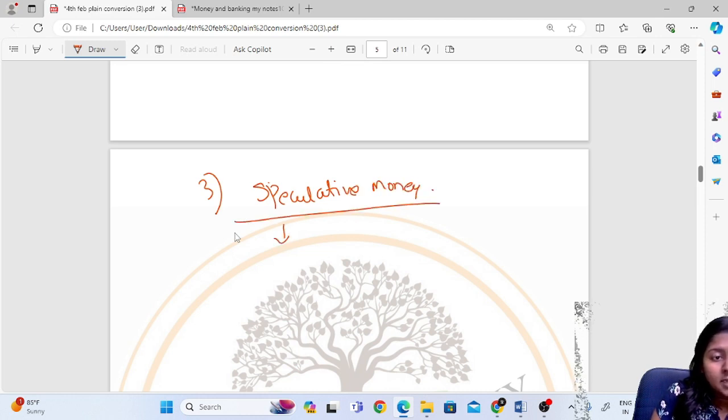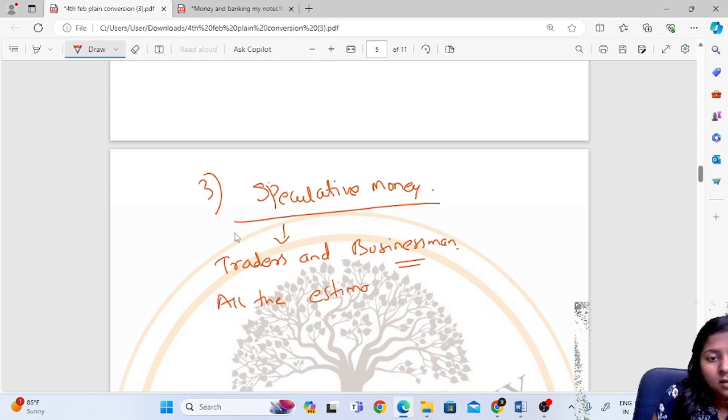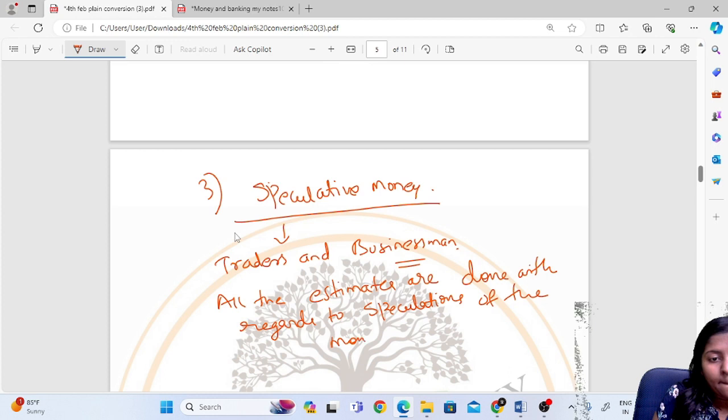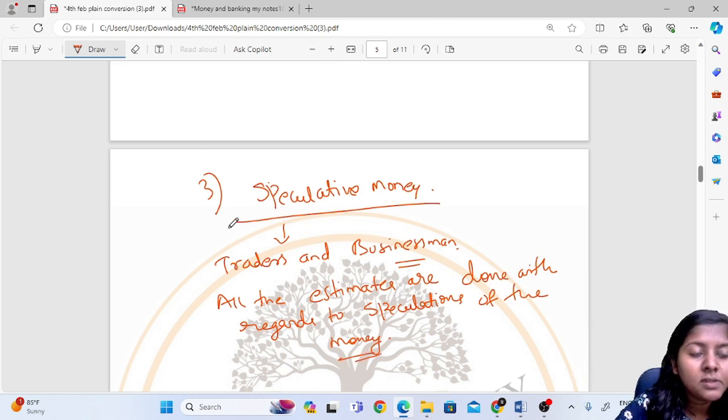Speculative money is basically for traders and businessmen, and all the estimates are done with regards to speculations of money. So this is called speculative money.